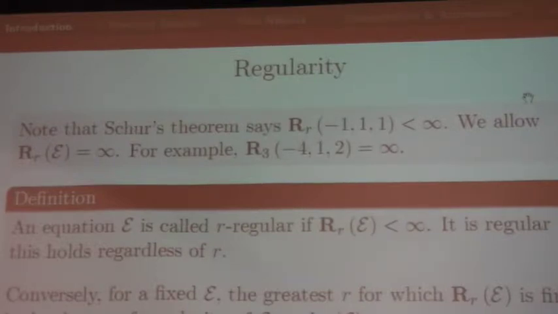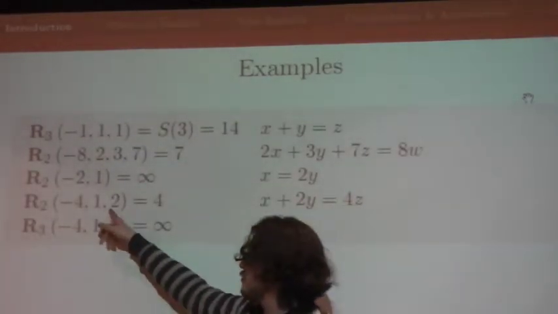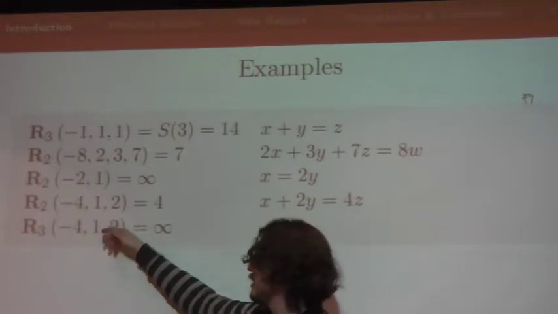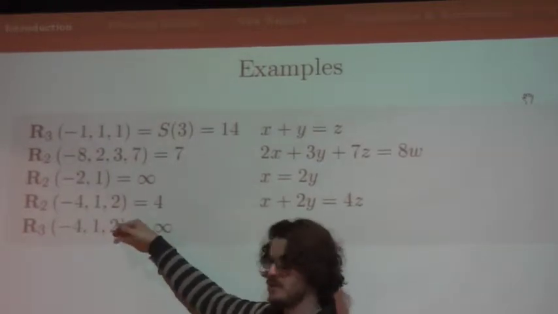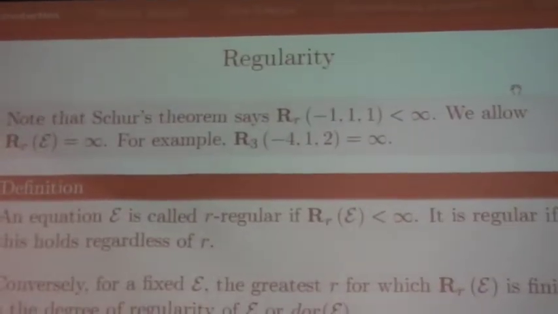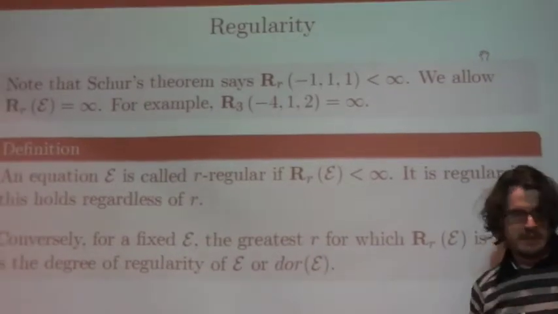And for some equations, like on the previous slide, which I can click back to, this is 2-regular, it is not 3-regular. Right? So in particular, it just stops working once you get to 3 colors. And some equations then have a degree of regularity we associate to them.